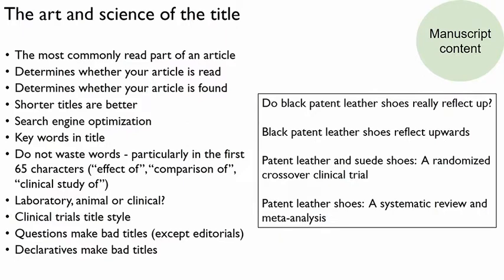So we'll often see things like the effect of, or a comparison of, or a clinical study of. If those are the first 3 words in your title, you've wasted 3 words because they do nothing for you in a search engine optimization. Put the meat right up front. The other stuff can go later in a title.